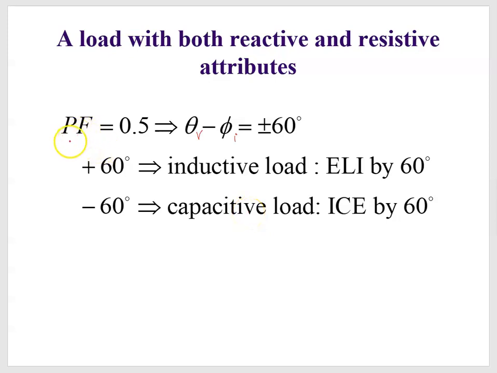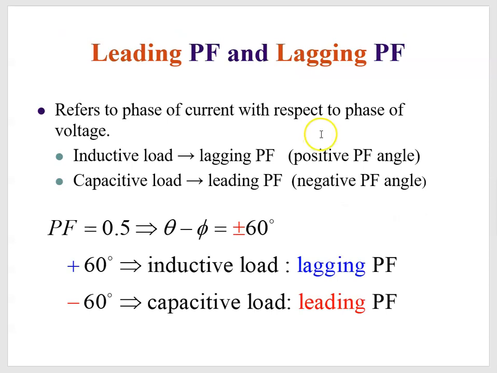But if all we know is that the power factor is equal to 0.5, we need another indicator to tell us whether the angle itself was plus or minus 60 degrees, because typically we'll just talk about the power factor. That's where we go back to the angle by which the current leads the voltage.